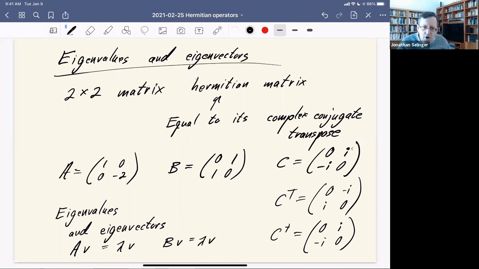What if you are working with the matrix A, for example?